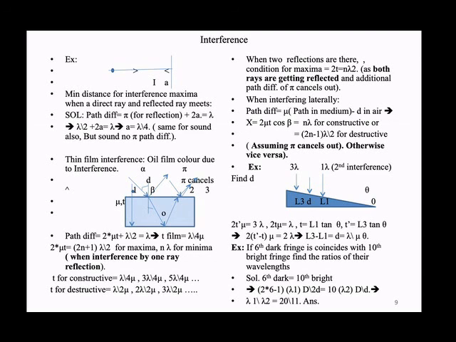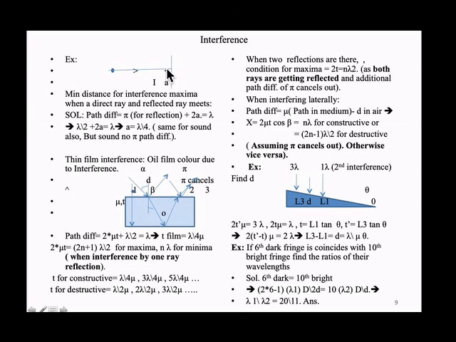We know that once a light ray is reflected from a denser medium, we will have a phase difference of pi. There is a phase difference of pi after reflection, and suppose it is meeting at distance A from there. So it has to travel to A and come back. This is 2A plus pi, the total difference.